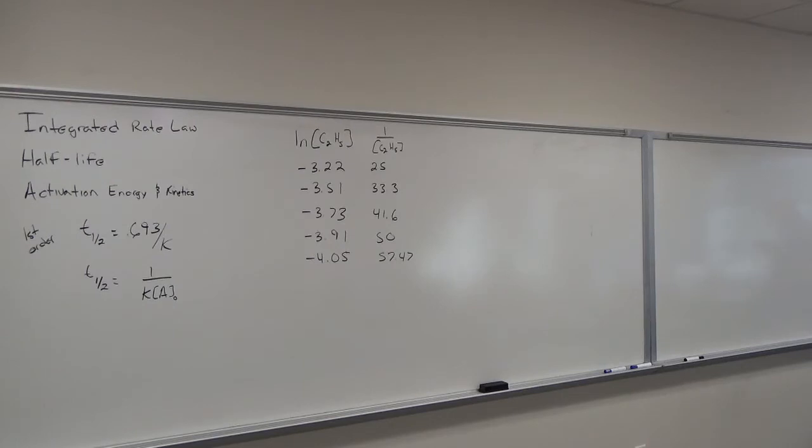Therefore, to solve for the slope, you can do it a couple different ways. You can do it from the graph, or you can do it from the data you've collected. However you want to do it, both ways should give you something reasonable.